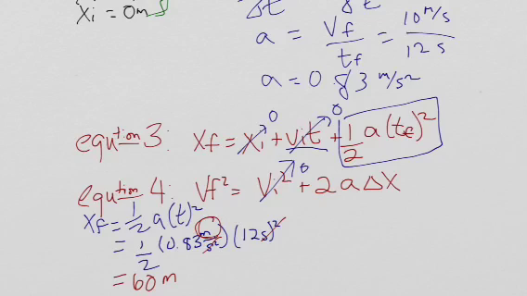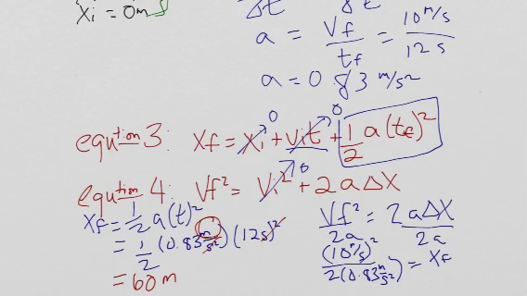Let's see if we do it the other way using equation 4, do we get the same answer? Here's equation 4. This one is going to involve a little bit of reworking. So we're going to pause and rearrange this, and then we'll put the numbers in.